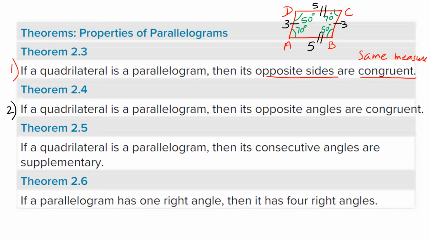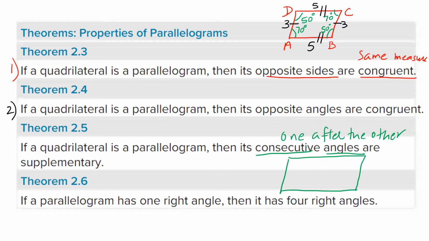Then if a quadrilateral is a parallelogram, then consecutive angles are supplementary. Consecutive angles means angles which are one after the other. So if I make a parallelogram here, look here very carefully. In this parallelogram, this angle is 110, then the other angle would be 70 degrees.